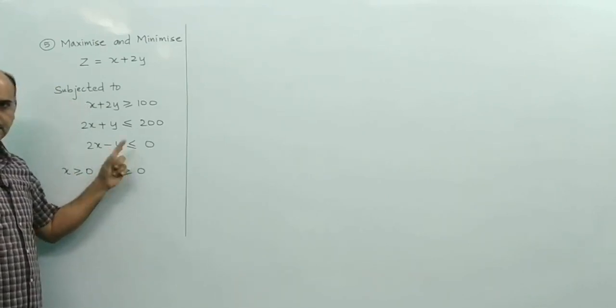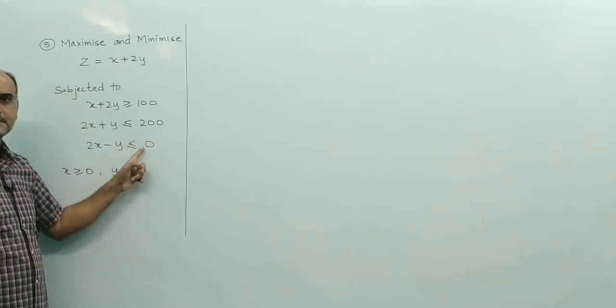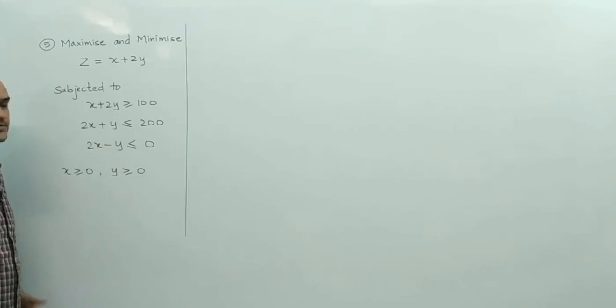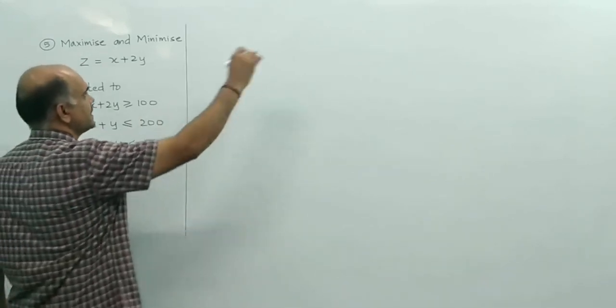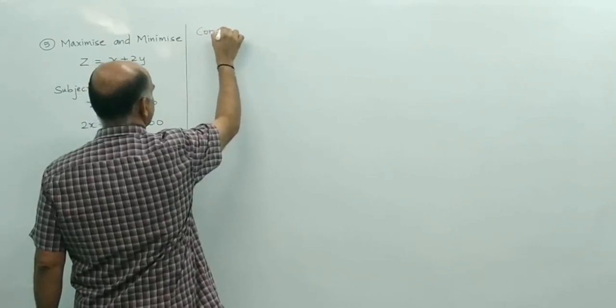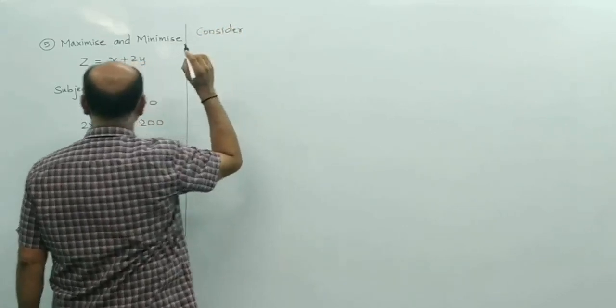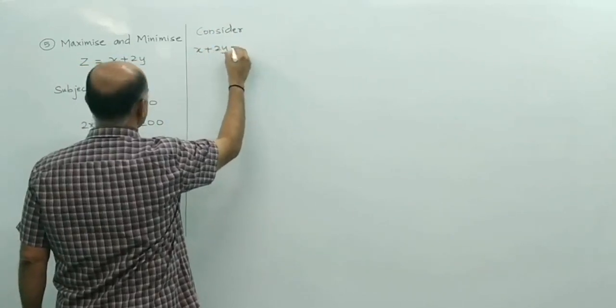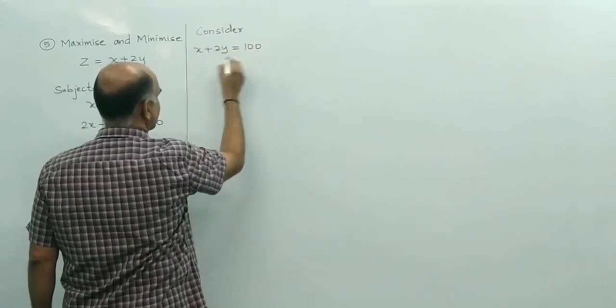In one equation, RHS will be 0, meaning that the line passes through the origin. So again, if I take those equations as we solved yesterday, first equation I will take x plus 2y is equal to 100.